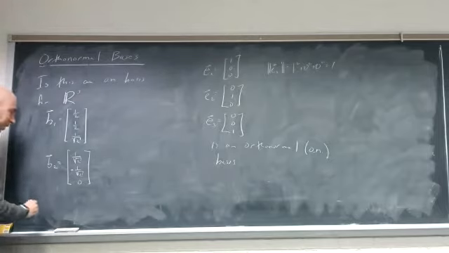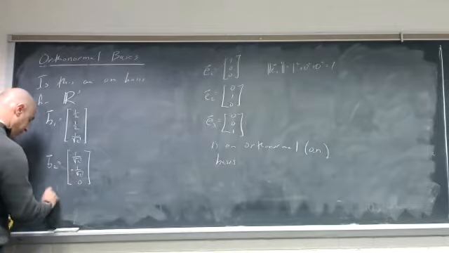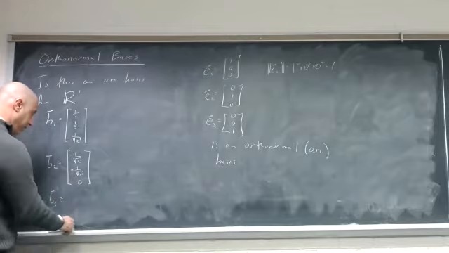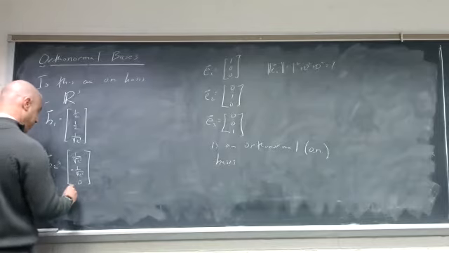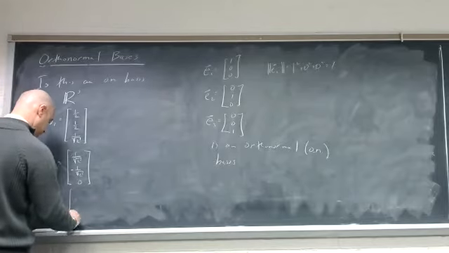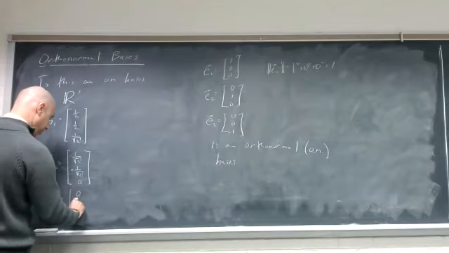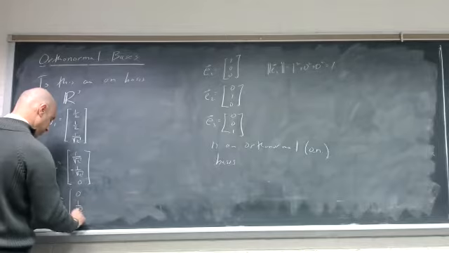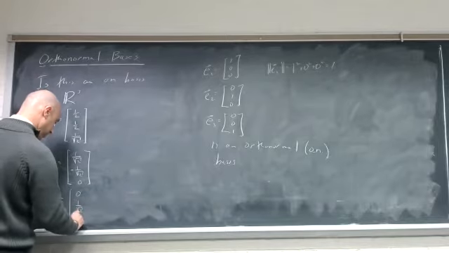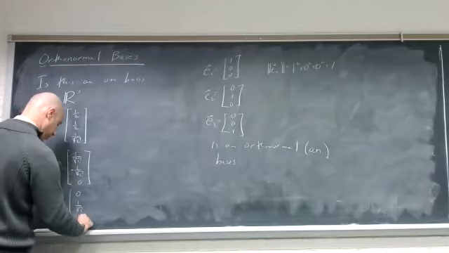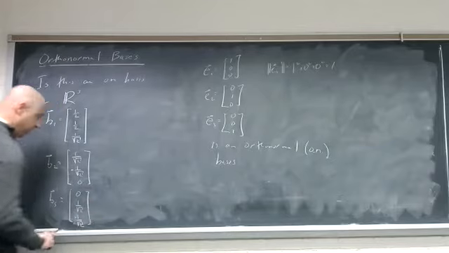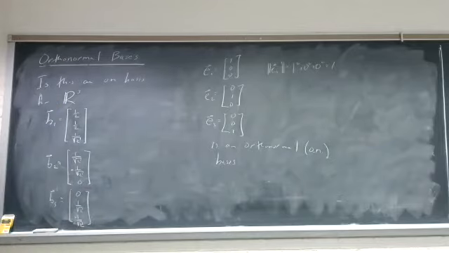And B3 equals 0, 1 over root 2, minus 1 over root 2. Is that an orthonormal basis?